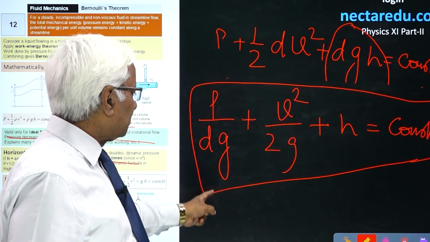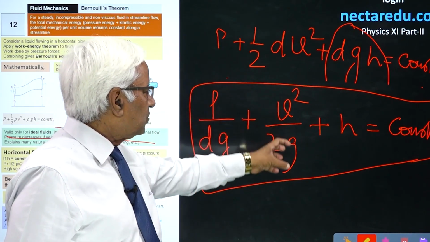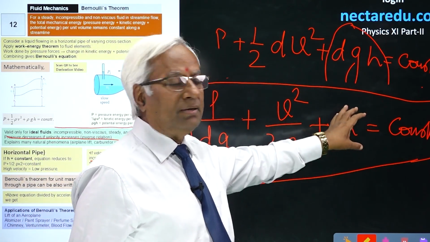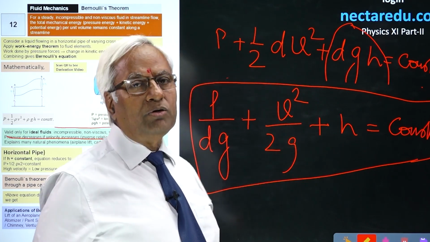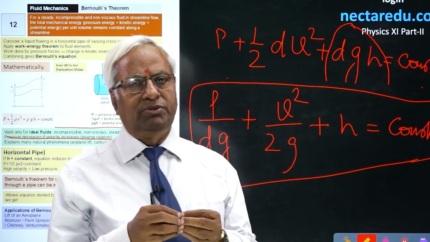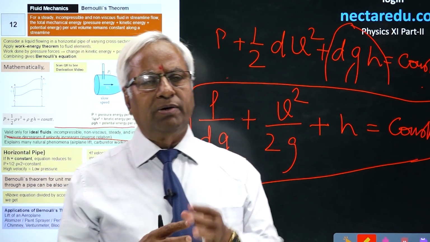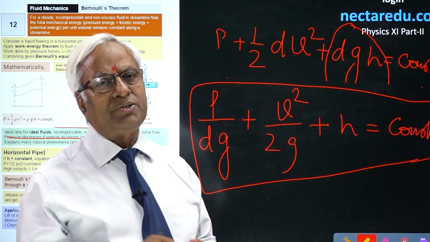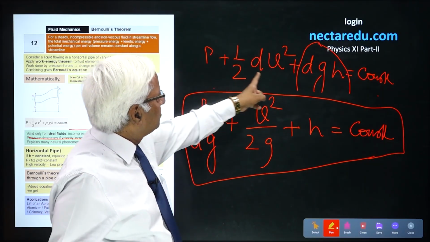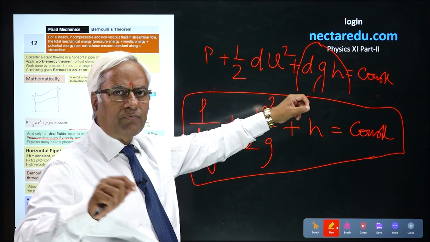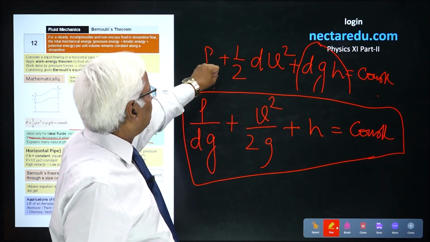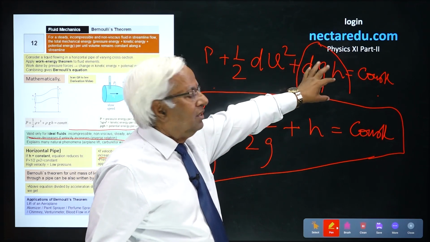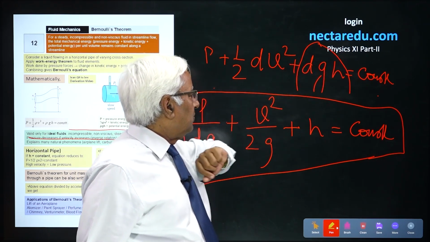This would be known as pressure head. This is velocity head, and this will be known as position, or you might say gravitational head. So, as far as Bernoulli's theorem is concerned, this is another form of conservation of energy. We talk in terms of energy because these terms represent energy per unit volume. This is pressure energy per unit volume, kinetic energy per unit volume, and this is potential energy per unit volume.